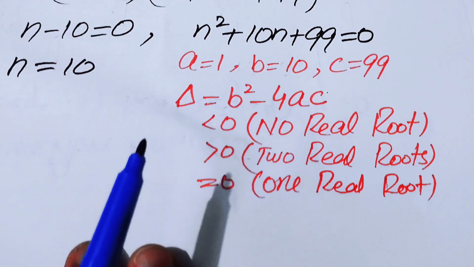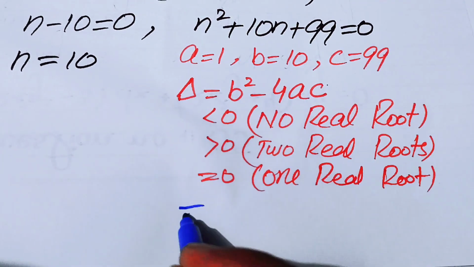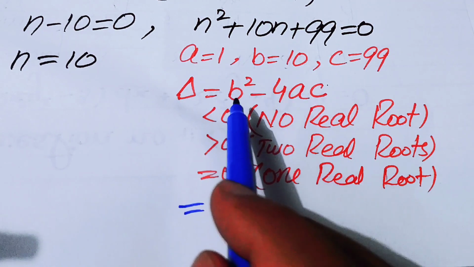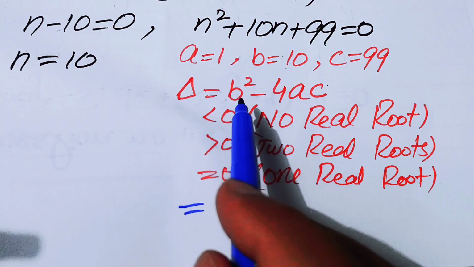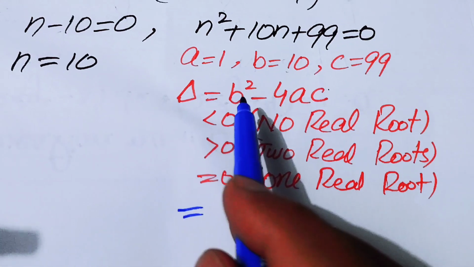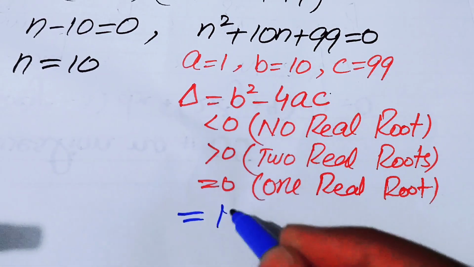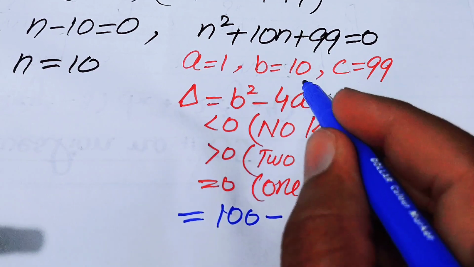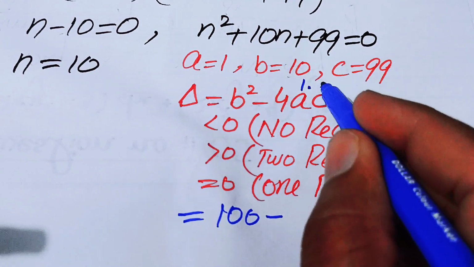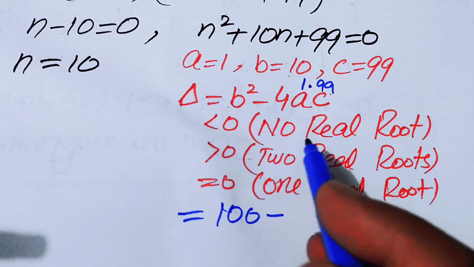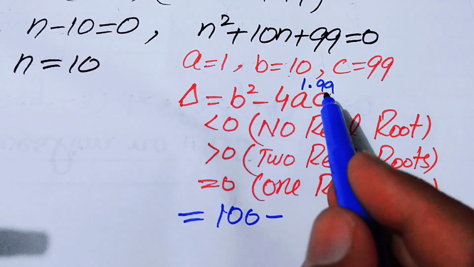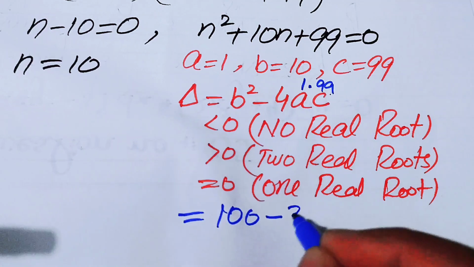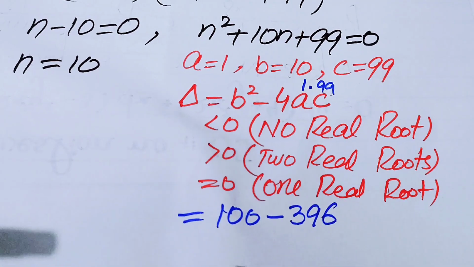The value of b is 10, so it becomes 10 squared, which is 100, minus 4 times a and c. The value of a is 1 and the value of c is 99. So 4 times 99 is equal to 396.